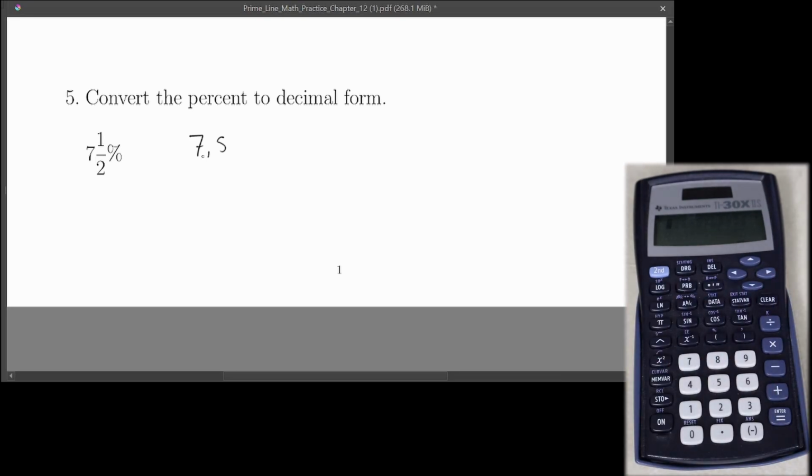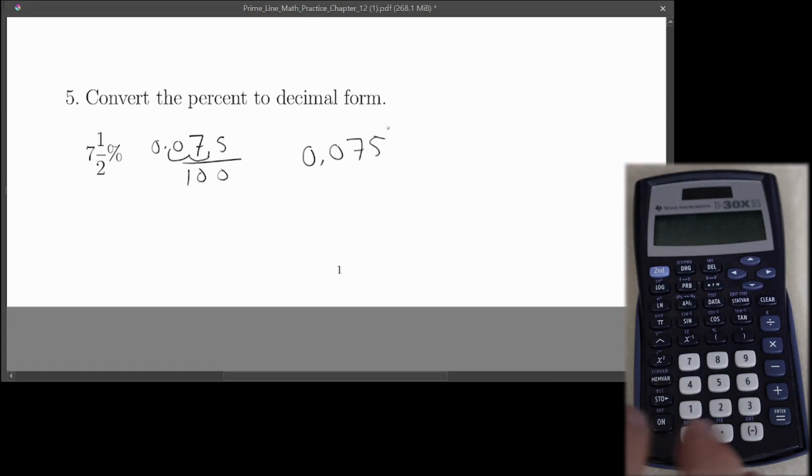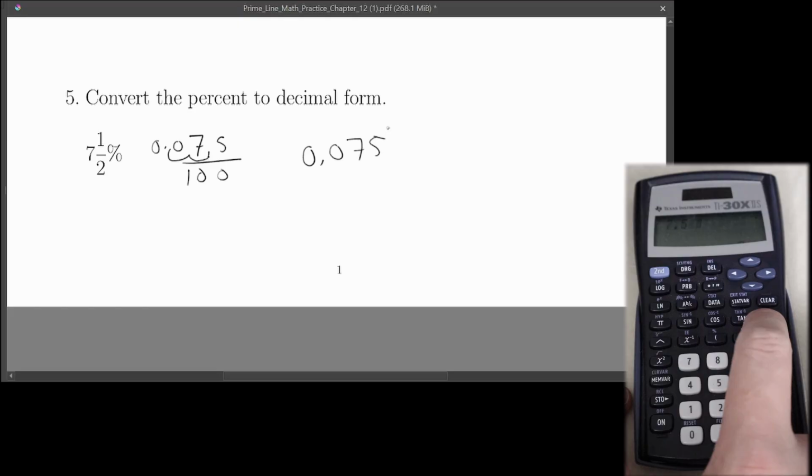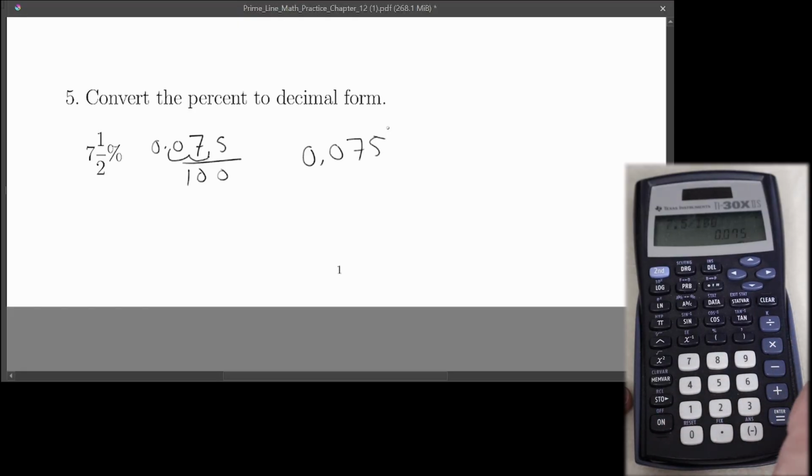So we've got 7.5, and we can move our decimal place. We can divide that by 100, which means we're moving our decimal place 1, 2, so 0.075. And if we do 7.5 divided by 100, we come up with that same value.